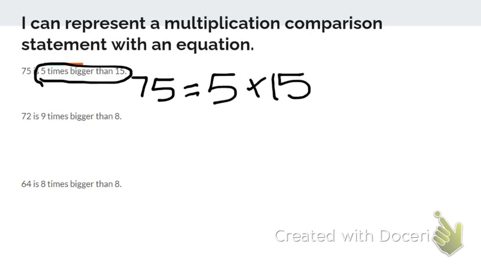Okay? And I'm done. Okay, go ahead, pause, and see if you can figure out what the equation for 72 is 9 times bigger than 8. Okay, hopefully you wrote 72. And then you saw that you have a 9 and you have an 8 and you have a times in the middle, so you're going to do 9 times 8.